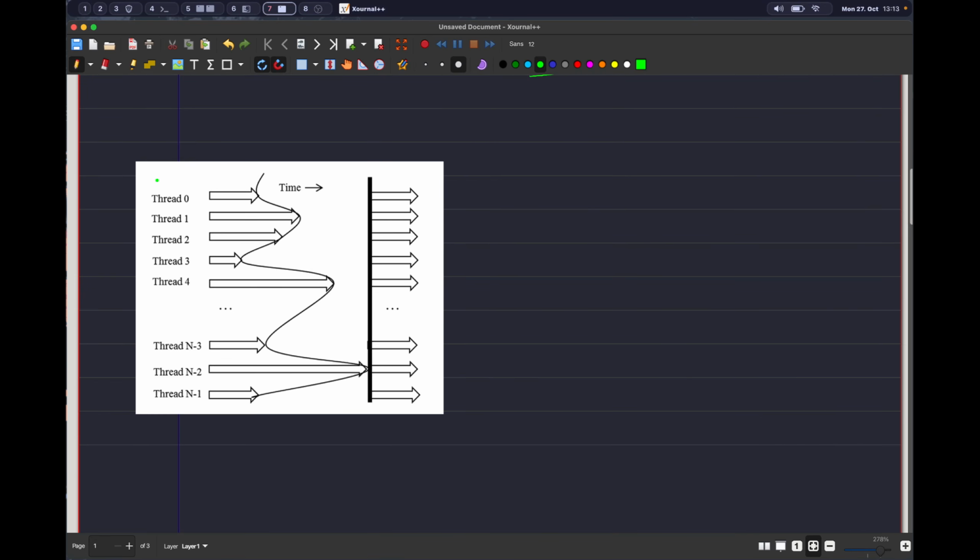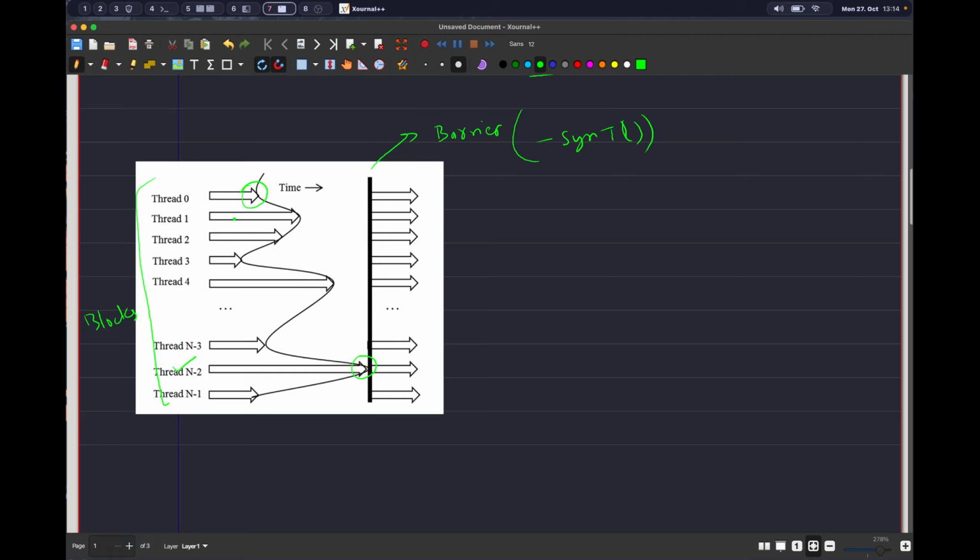These are the threads assigned to a block. They belong to one single block, and this is our barrier, which in our case is __syncthreads. When we implement a barrier, we can assume that some threads, for example thread n minus 2 in this case, will complete all of the operations first, and there will be some threads lagging behind.